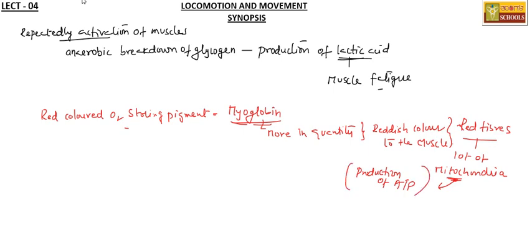Then there are other muscles where the quantity of myoglobin is very less. One more point: the red fibers are also called the aerobic muscles, because they store oxygen, and the fatigue they undergo is very less.